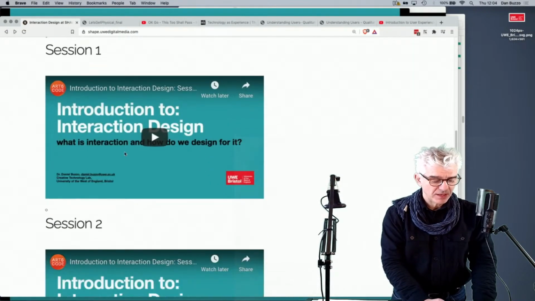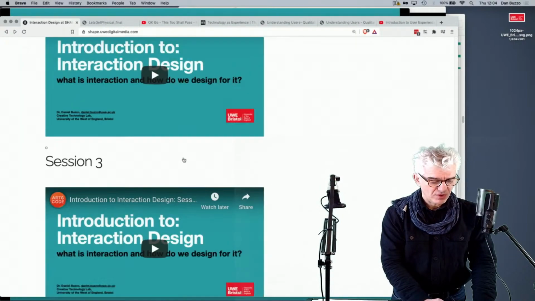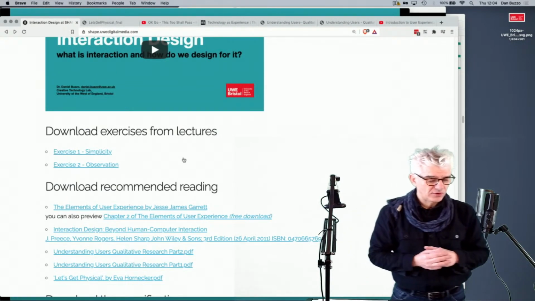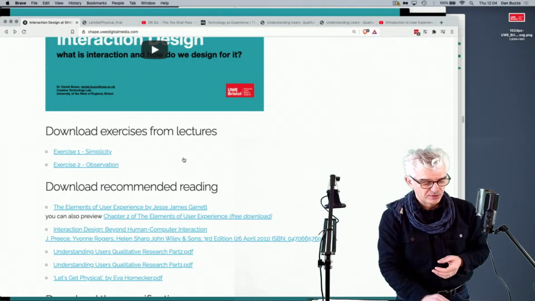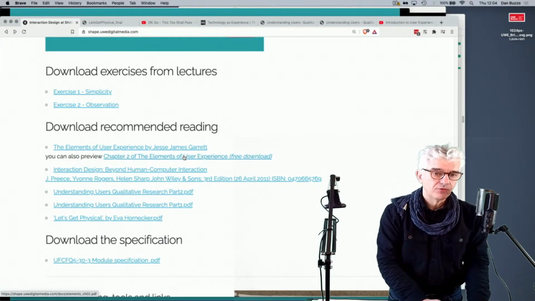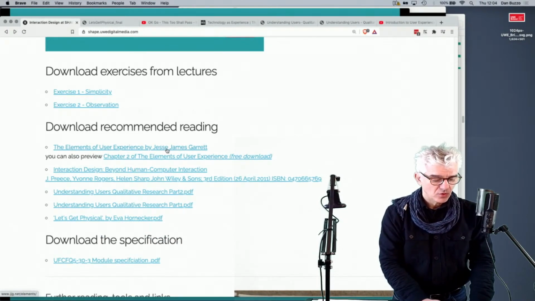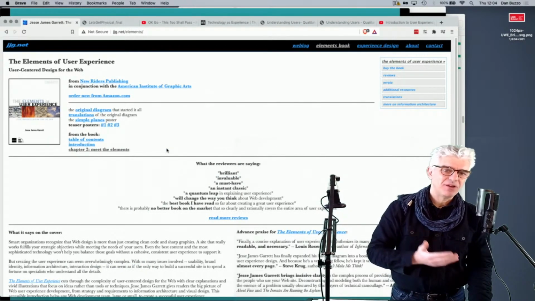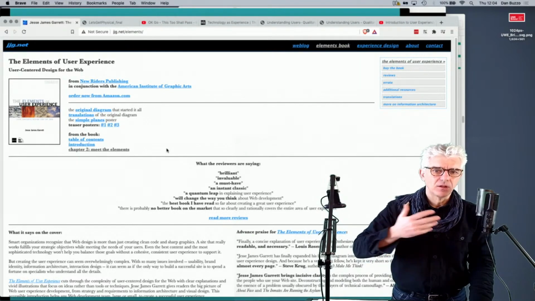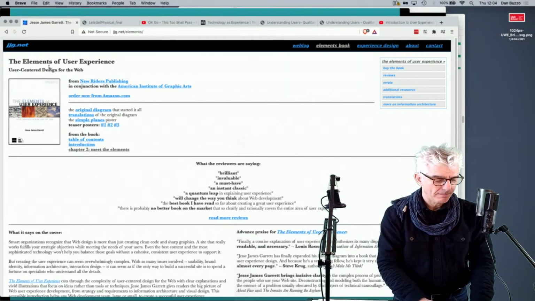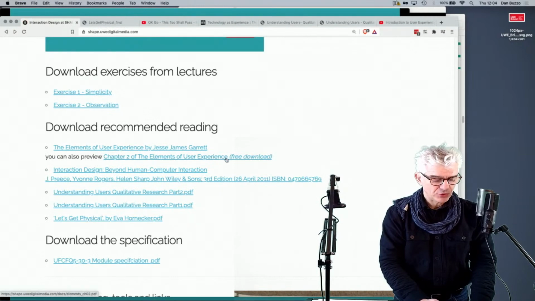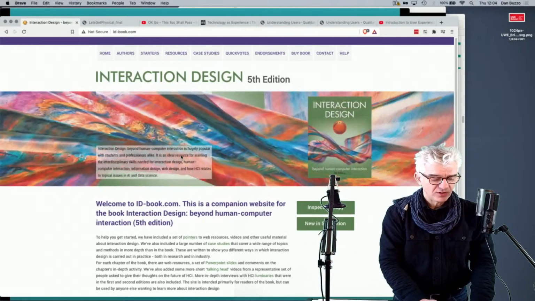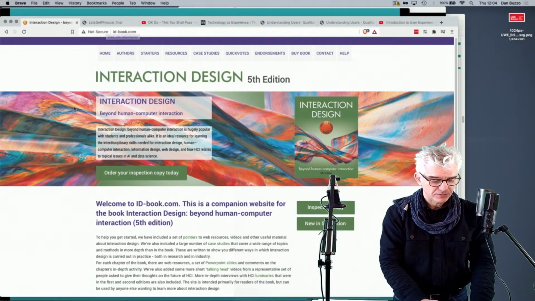And also I've embedded the lectures so you can see them straight from the sheet. There are two exercises that I've linked to about simplicity and observation, which we've discussed briefly previously. Some of the recommended reading, which is the Jesse James Garrett Elements of User Experience book, which I've made reference to, about the 5-layer model of design process.